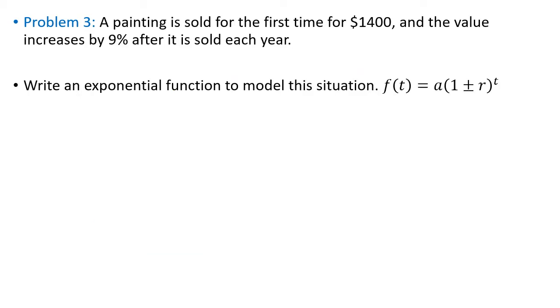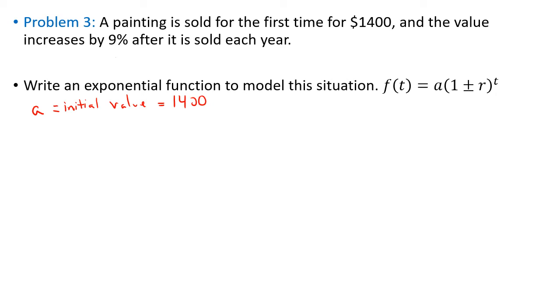Alright, so a painting is sold for the first time for $1,400 and the value increases by 9% after it is sold each year. Write an exponential function to model the situation. F of t equals a times 1 plus or minus r to the t. So a is your initial value. In this problem, that's going to be the $1,400.